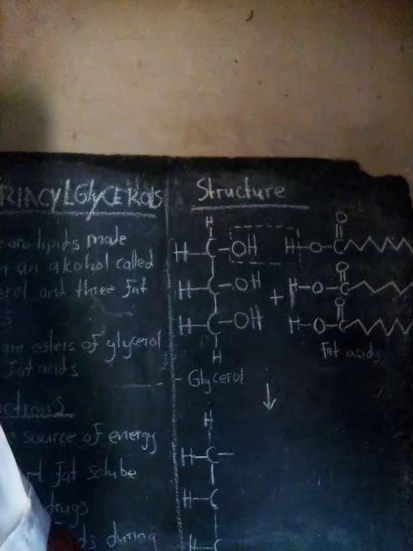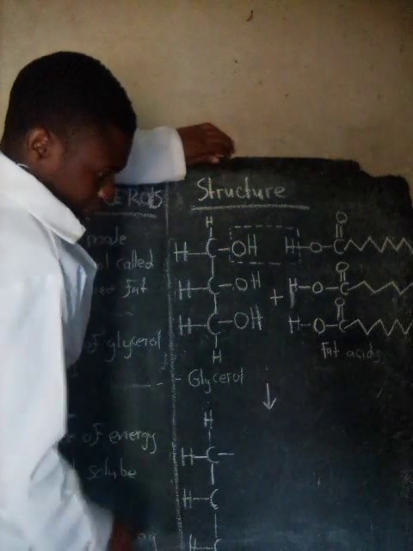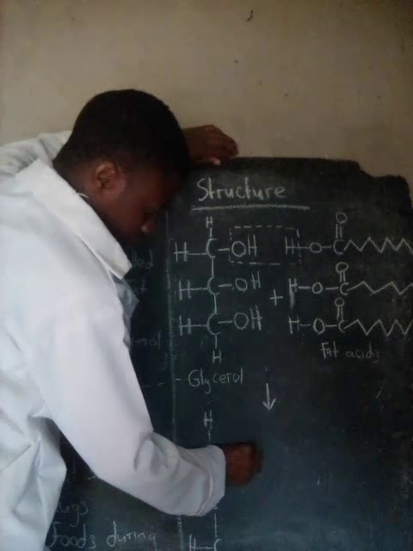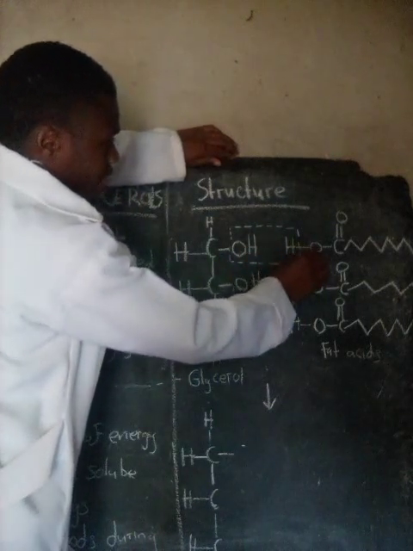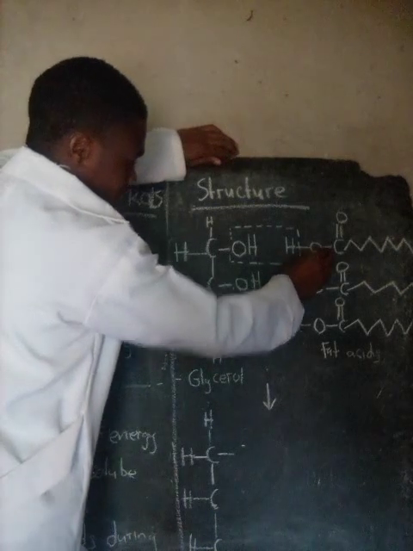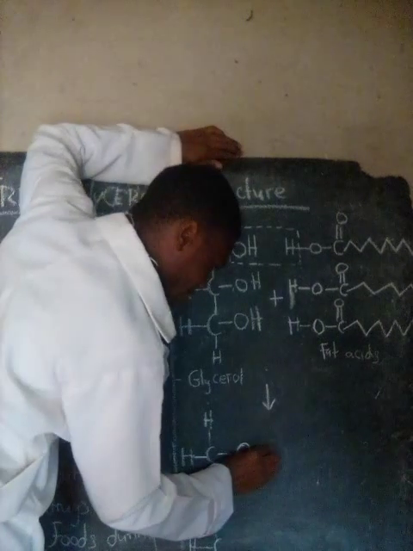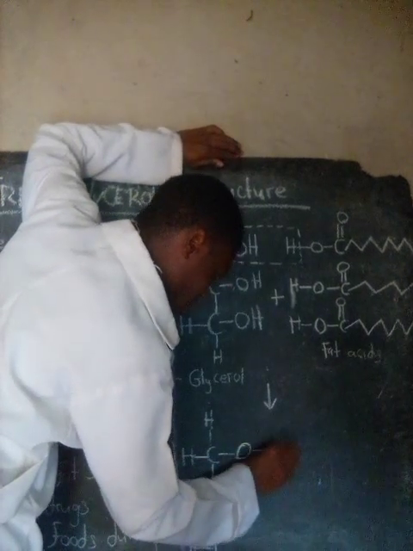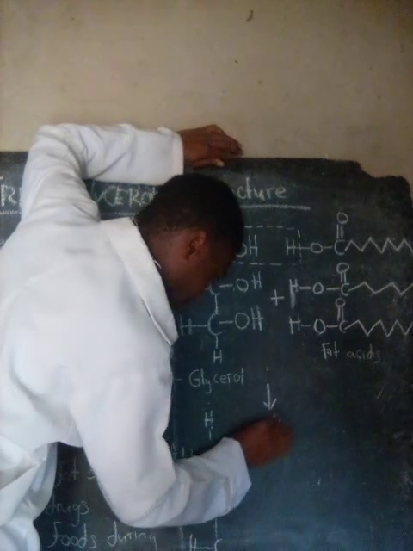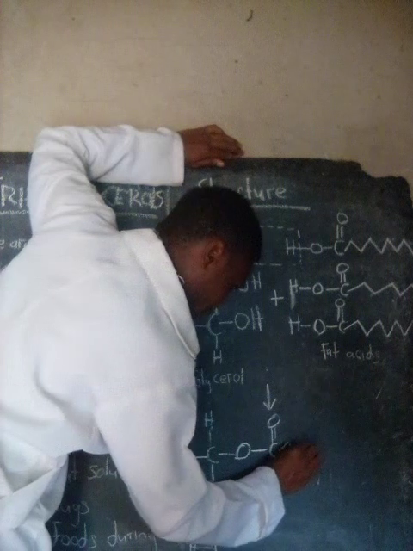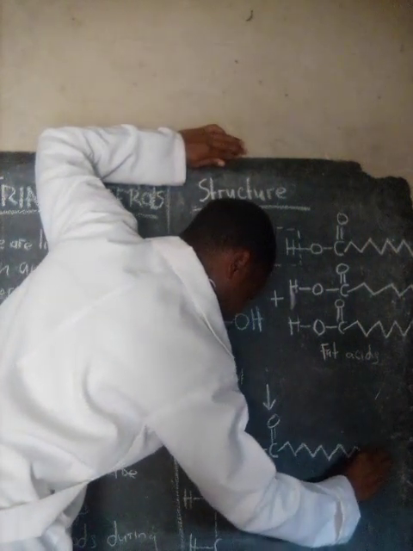Okay, then after doing that, the next thing you do is add, since the OH and the H have been eliminated, you're just remaining with this H. So you just put the oxygen, then it is attached to the carbon of the fatty acid, where you have this attached to a double bond oxygen, then your hydrophobic tails. It can be many or few.